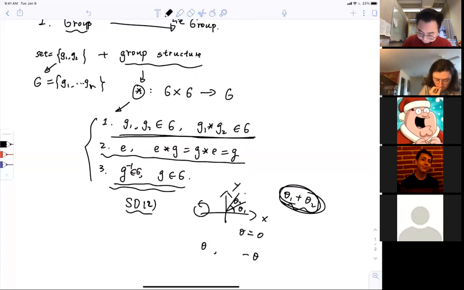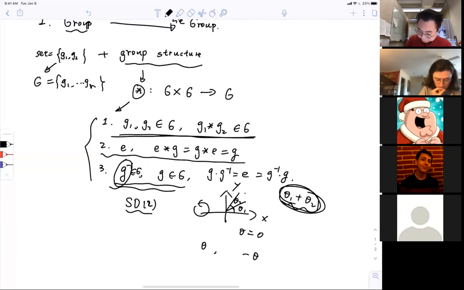Is this G inverse defined by G times G inverse is E? Yeah, exactly. G inverse is defined by G times G inverse equal to E, and it's also equal the other way around.